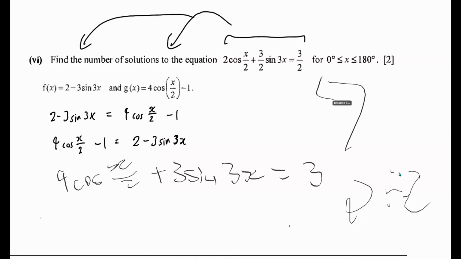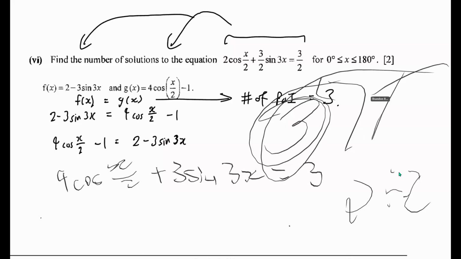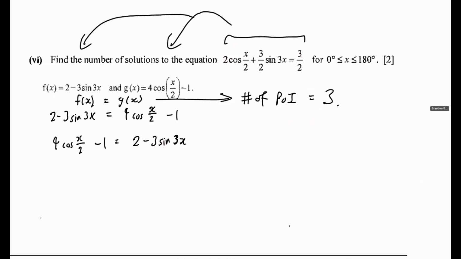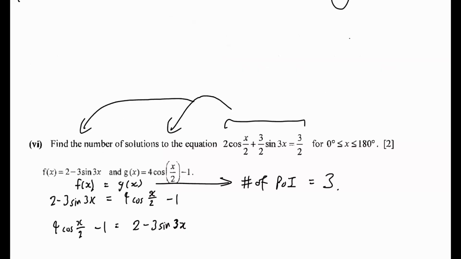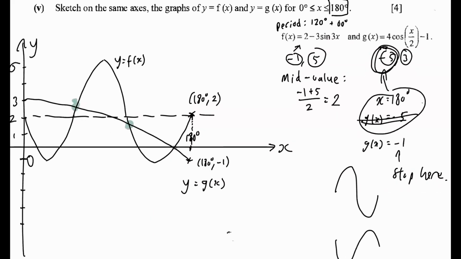So that means that solving for the roots of this equation is equivalent to solving for the number of intersections between f of x and g of x, which is 3. Is it not 3? Wait. Yes. Let me actually double confirm. Yeah, it's 3. Okay, if you go up, you can see it's 1, 2, 3.